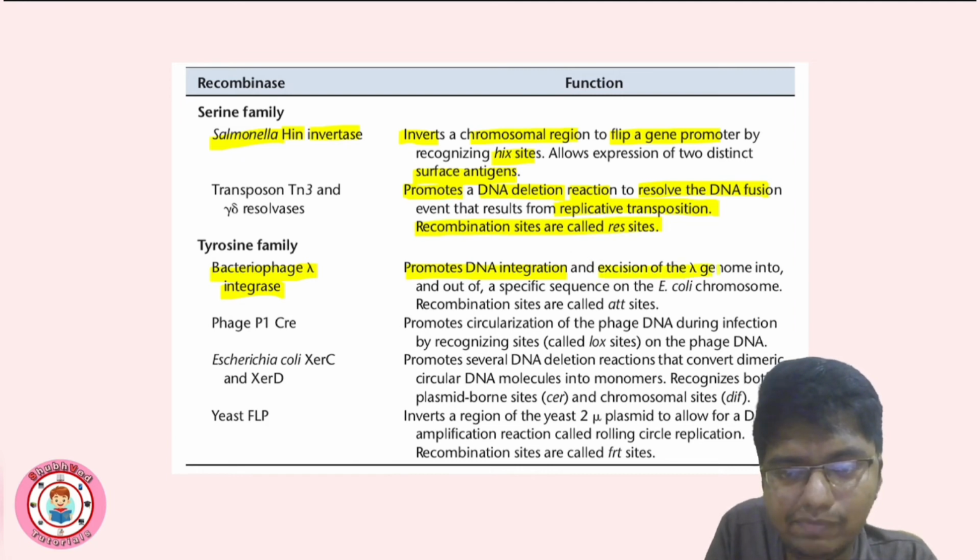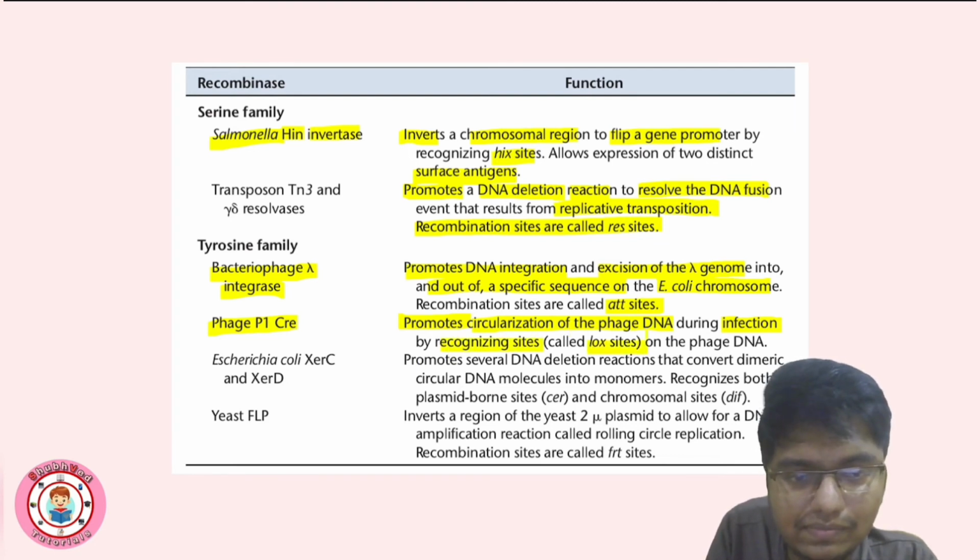Excision also takes place of this lambda genome into and out of a specific sequence on the E. coli chromosome, right? And here the recombination sites are called attachment sites. Then the second enzyme, phage P1 Cre, promotes circularization of the phage DNA during infection by recognizing sites called lox sites on the phage DNA, right?